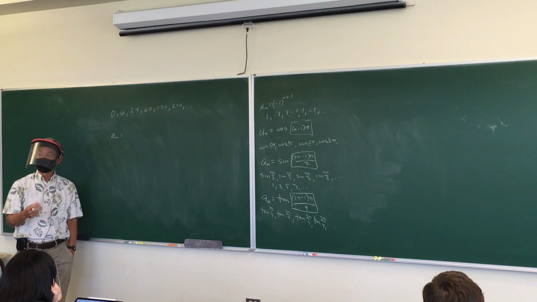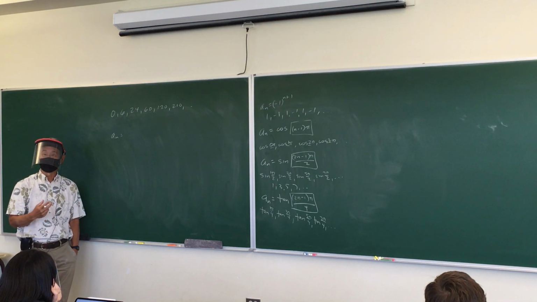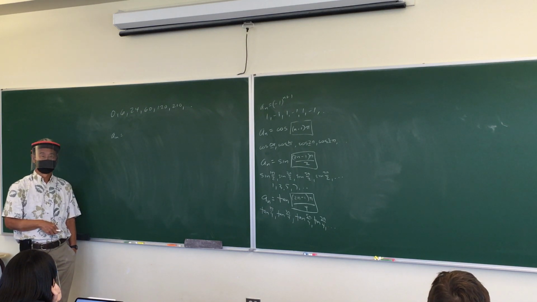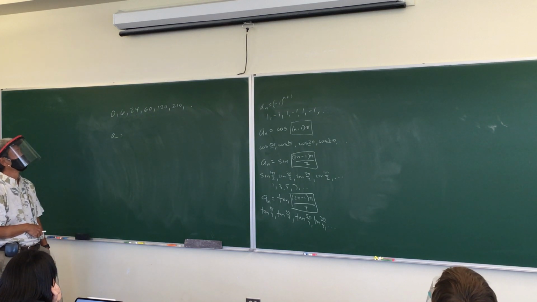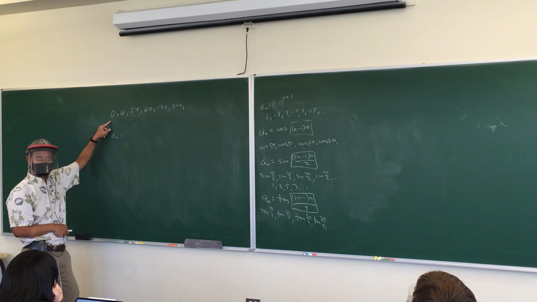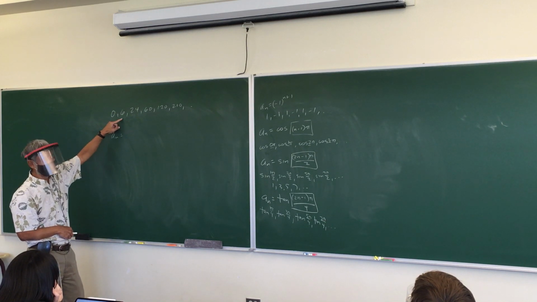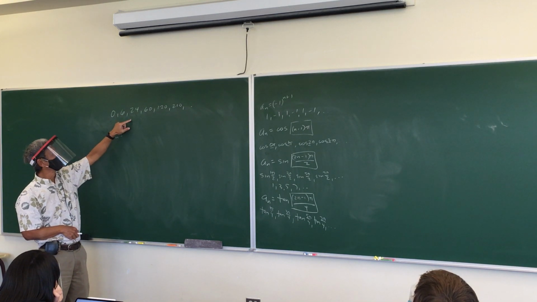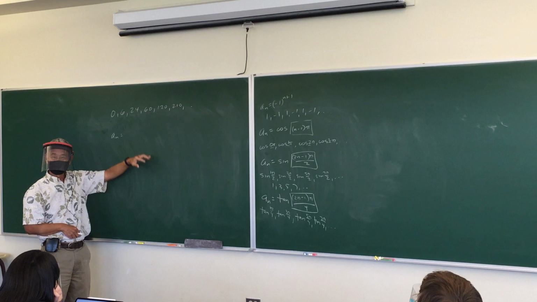It has something to do with cubes, cube numbers. Okay, like 1 cubed. What does this have to do with 1? 2 cubed. What does this have to do with 2? 3 cubed. 4 cubed.